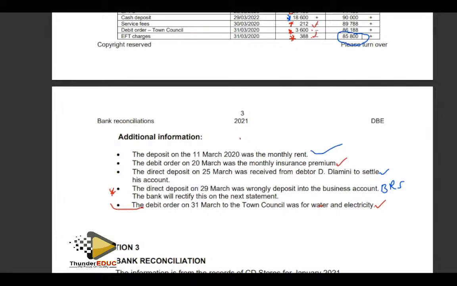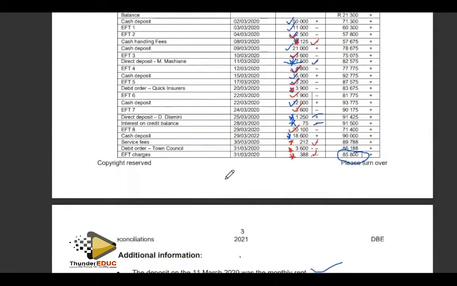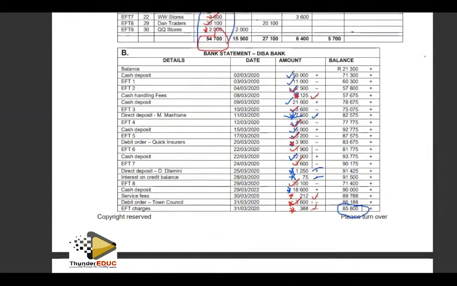Now, after recording, let me come here and tick off to say, oh, even you, we are done with you. So you see now when you check your statement from the bank, all the items have been dealt with, right? Except this one, okay? This 18,600, which we have to take to the bank reconciliation statement, as we shall see.